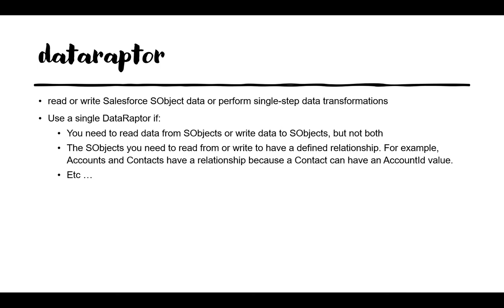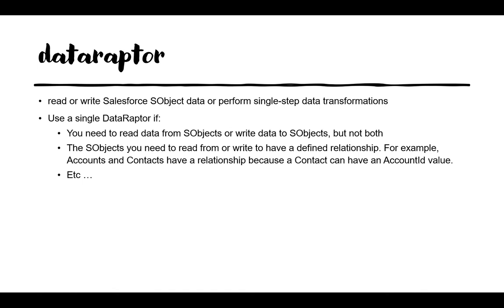And if you want to read data of an sObject with a relation, for example, account and contact have a relationship because contact has account ID values. So if I want to read information about the contact, I can also directly take the information about the account because there is a relationship between account and contact.